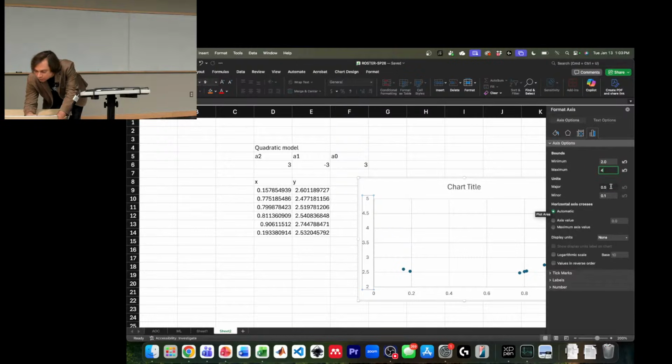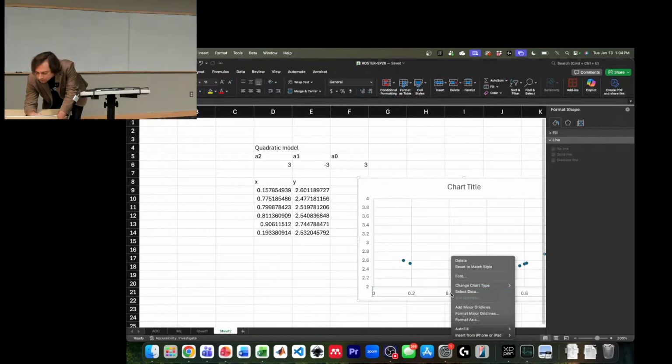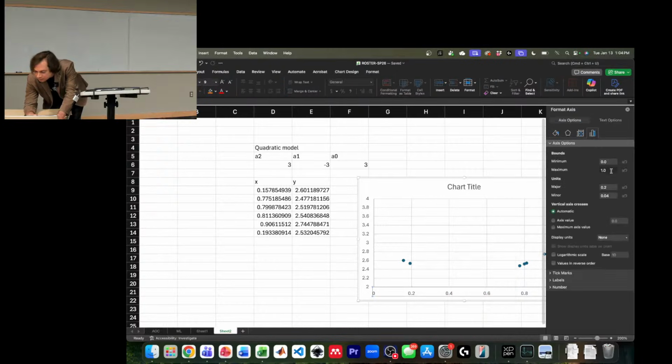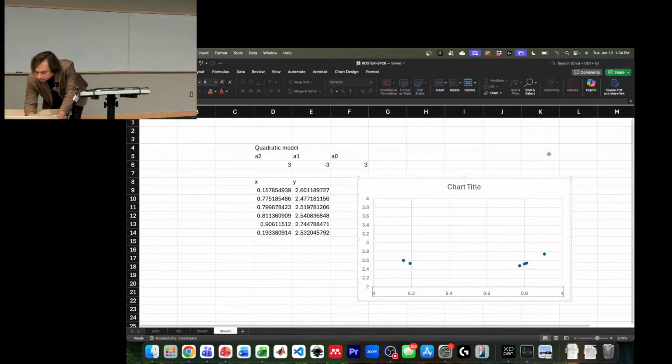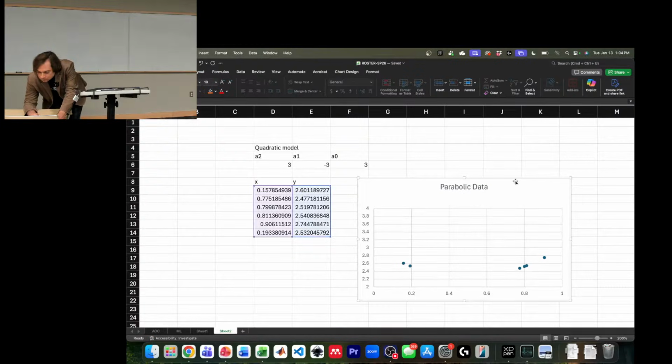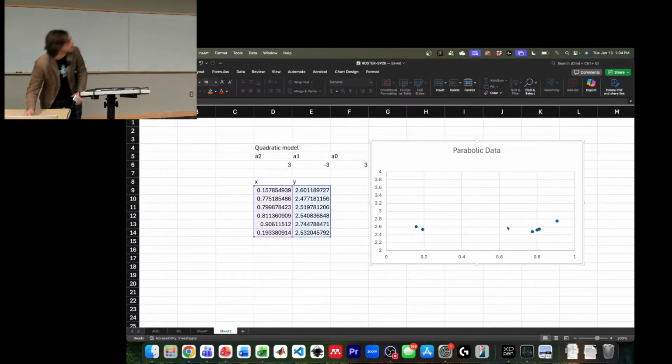Sorry, I know it's the most exciting part of the lecture. When I say doing things from scratch, I mean from scratch. This is our parabolic data.